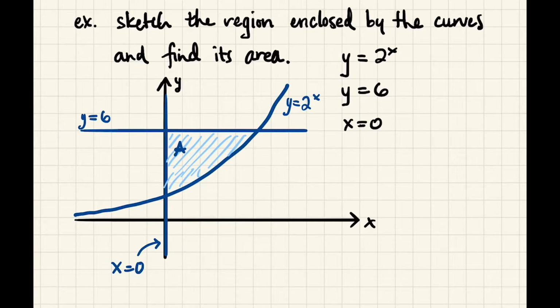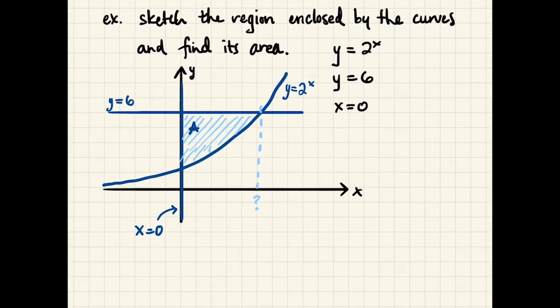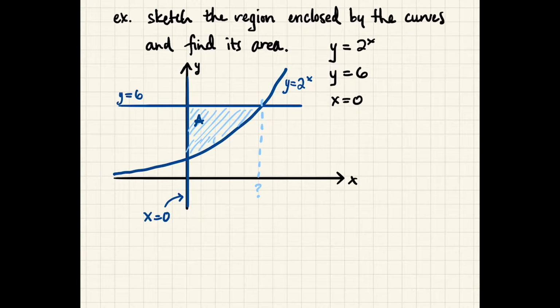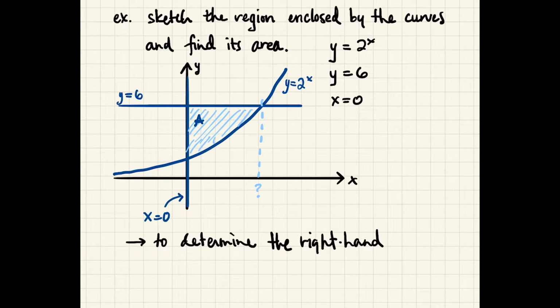Okay, so we have a clear sense of an upper function and a lower function, and a left end of this and a right end of this. Now the right end is not clear what that is yet. So the first thing we should do is figure out that right-hand endpoint. So what do we know about that endpoint?